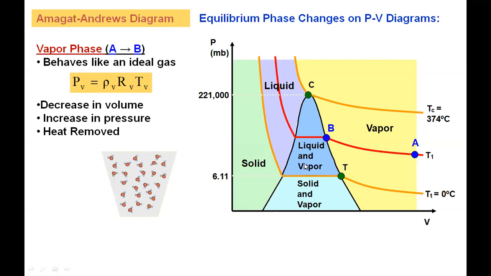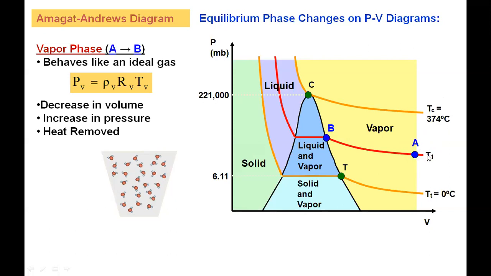So what happens when we go from A to B? Here is temperature T1, and here is T at 0 Celsius, and this is the TC, T critical 374 Celsius.